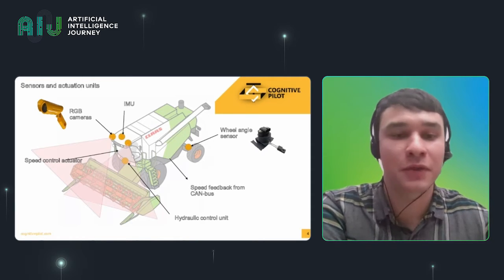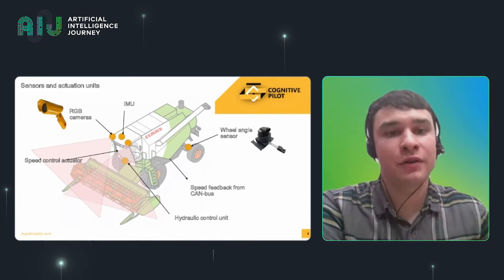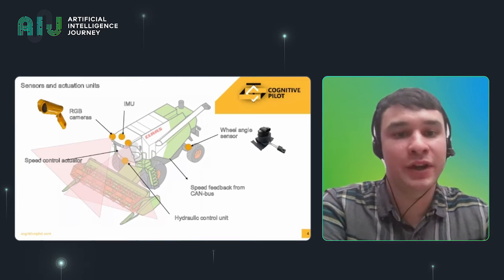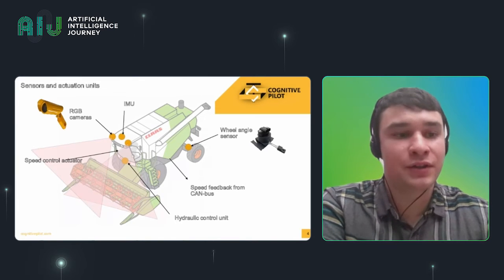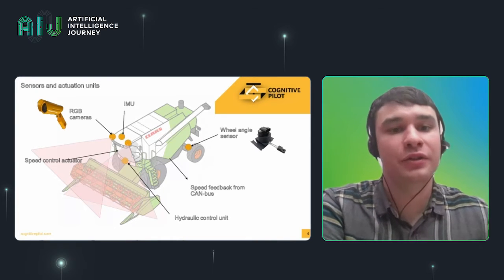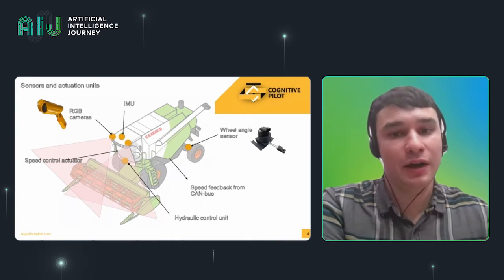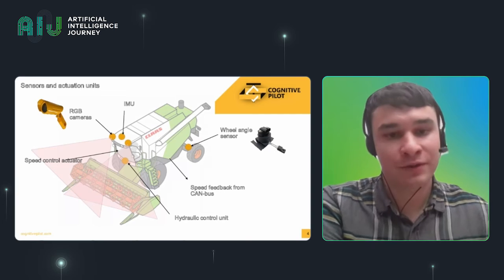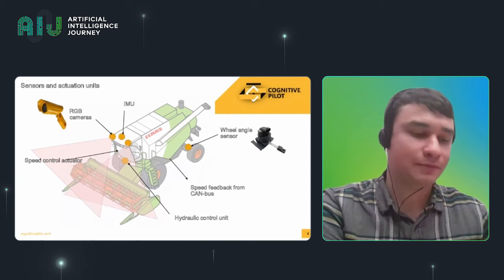use in our system. So the main sensor of our system is an RGB camera for the tasks. When we use very wide headers, we can use 2 cameras, and all the algorithms are based on the computer vision.